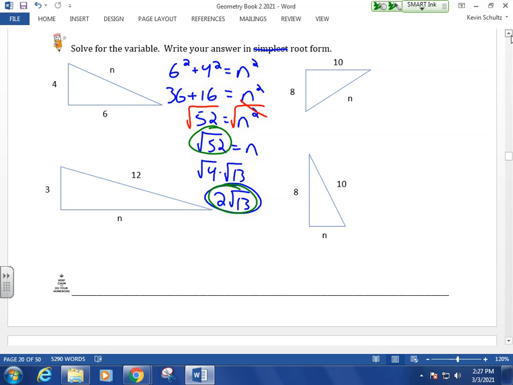There's only a finite number of perfect squares that you're really going to be dealing with. Unless your number's really big, like 600, you can pretty much count on it being one of these first 6. You can easily tell whether or not it's 25, because 25 is very easy to count by: 25, 50, 75, 100, and so on.